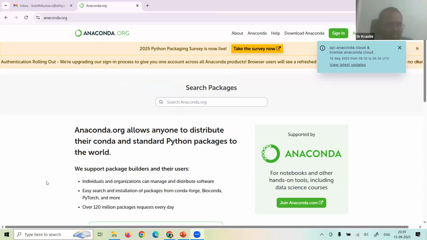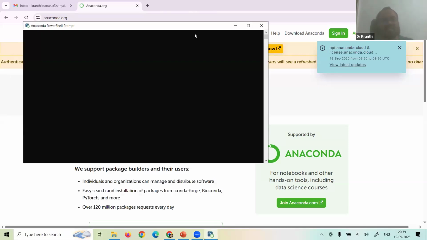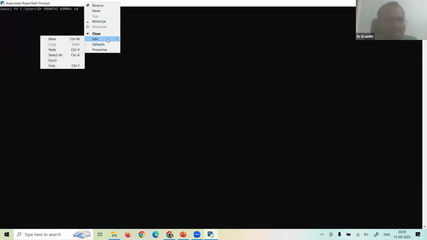So now I open this PowerShell prompt. To maximize.